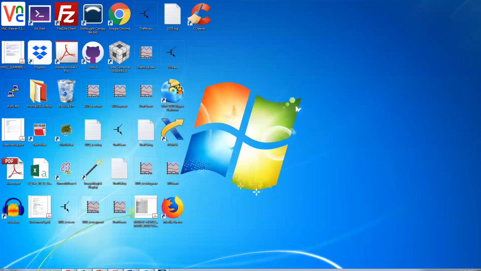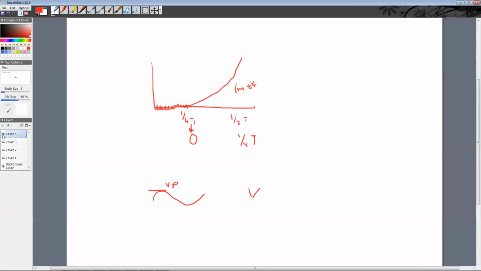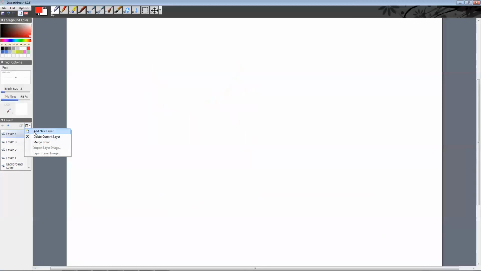Okay, so what is the slope? All right, what's the slope? So there's two problems. One where you start at 0, go up to V peak, right?